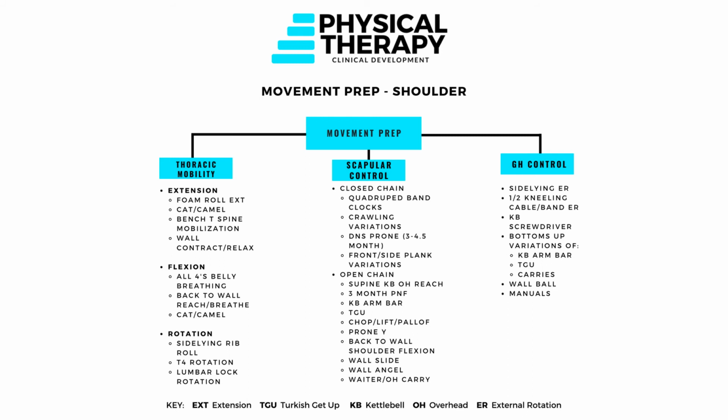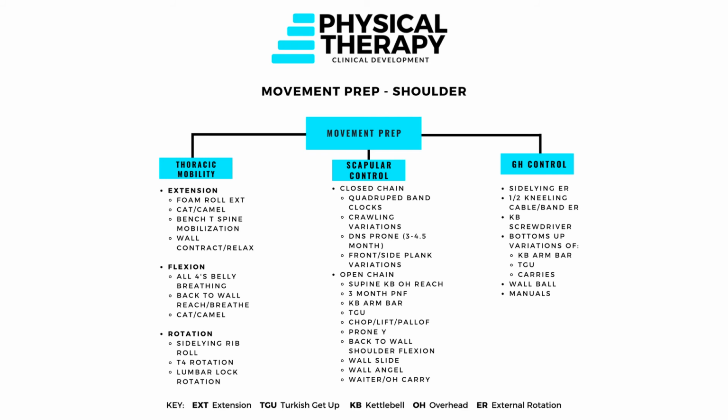Okay, relatively simple exercise when it comes to scapular control compared to something like a plank or a plank variation. So you can see how we move from something a little bit easier with more points of contact in quadruped versus something a little bit more difficult with fewer points of contact in a plank position. Same thing with the open chain. We've got supine kettlebell overhead reach compared to a waiter or an overhead carry with a dumbbell or a kettlebell.